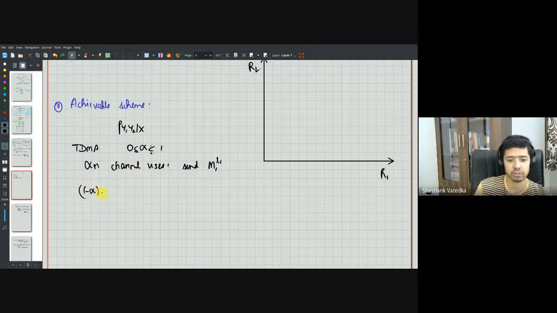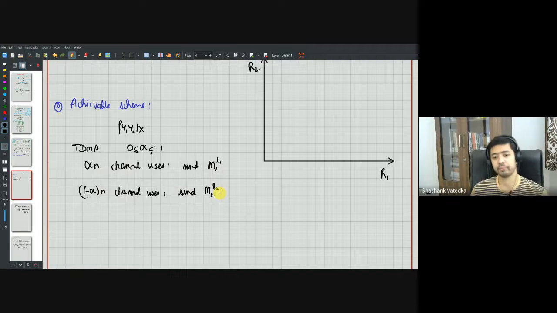1 minus alpha n channel uses, you send the second message, which is intended for user two. Right? And when doing this, it's obvious that since you're using alpha n channel uses to communicate to user one, you should be communicating at the maximum rate possible, right?